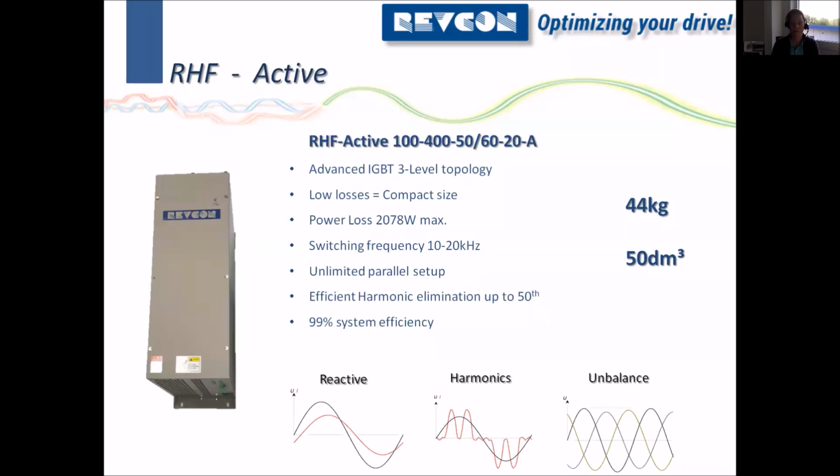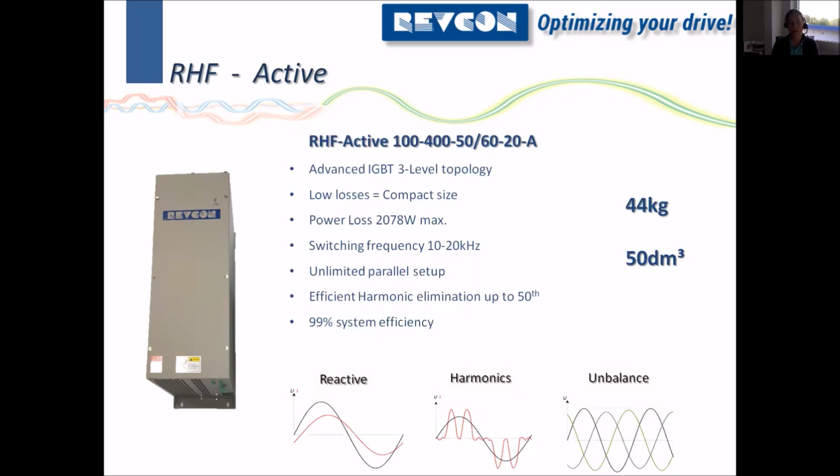I mentioned in some earlier slides that we will have some significant differences in active harmonic filter topologies internally. So when I speak about system efficiency above 98%, 98.5 I think was the efficiency of the active solution, then I speak about a 3-level design. 3-level design means that we have 2 IGBTs in line with a lower voltage threshold, which is a huge benefit in terms of losses.